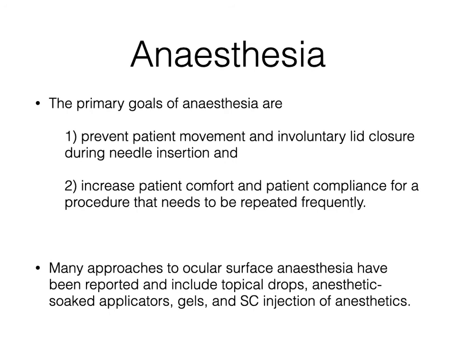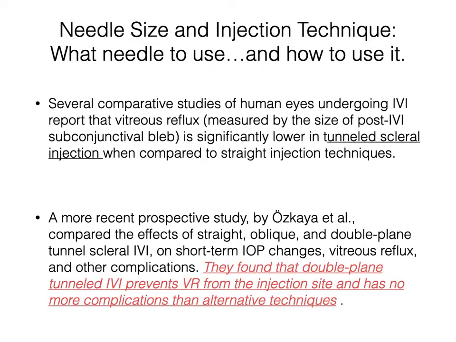Commonly, intravitreal injection is done under topical anesthesia as it is done sometimes as an outpatient procedure in clinic. Several injection angulations were compared to measure which technique has the least reflux of the drug.